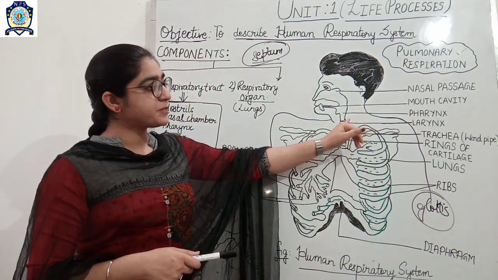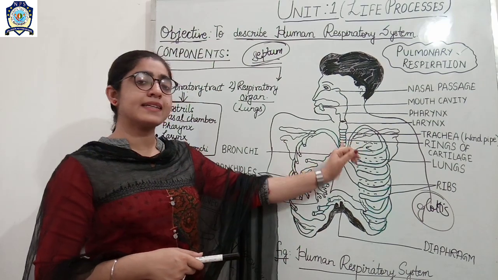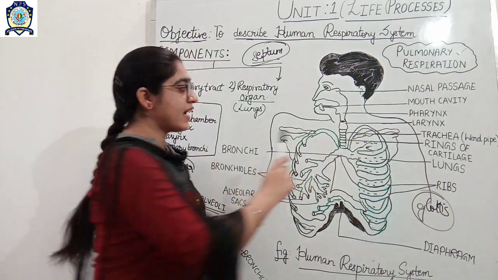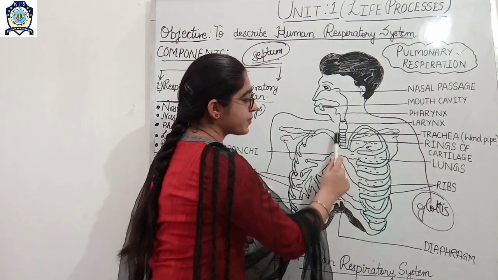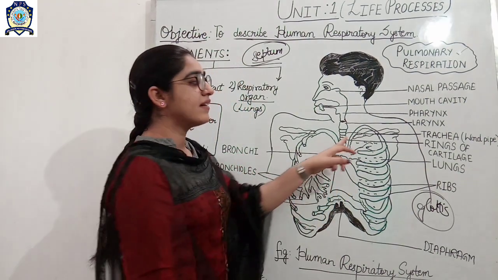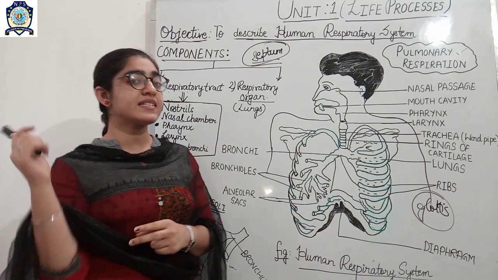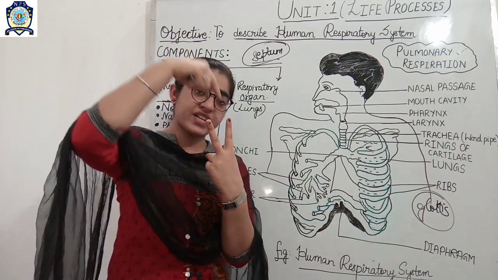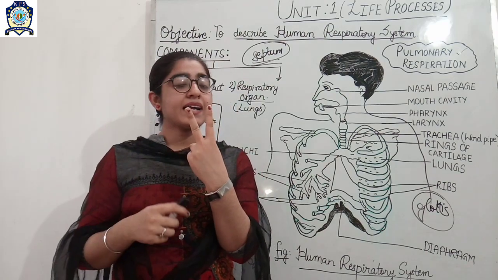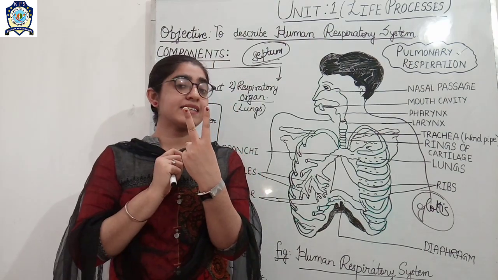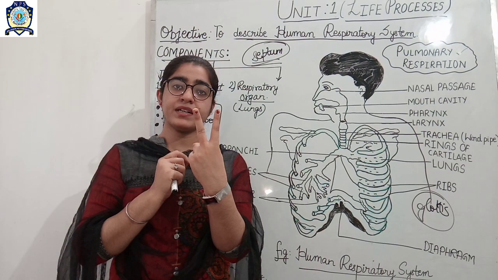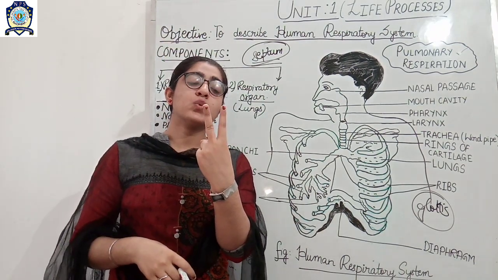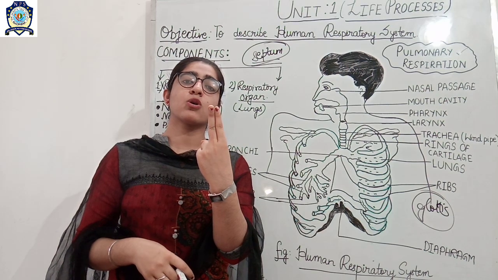So trachea is present in the neck region. Okay, and again there are cartilaginous rings present. And why the cartilaginous ring? You may see here, suppose this is a trachea, the windpipe, and if there were no cartilaginous rings, then what will happen? जैसे ही air enter करेगी, then the windpipe gets closed.